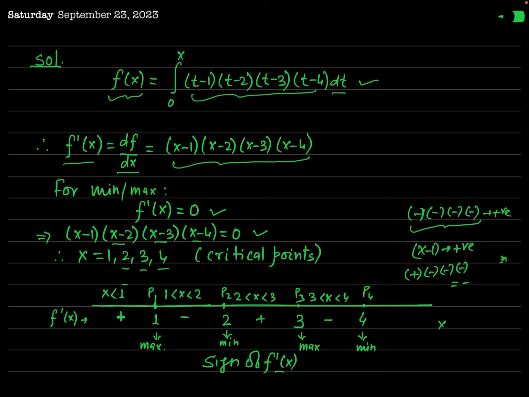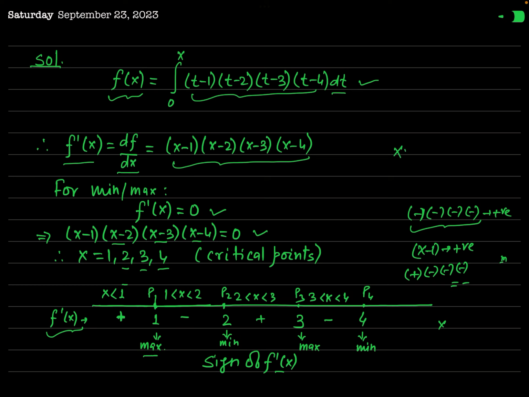So you can see, passing through the critical point x equal to 1, the sign of f dash of x changes from positive to negative. And when the sign of f dash of x changes from positive to negative, that point corresponds to a maximum point.